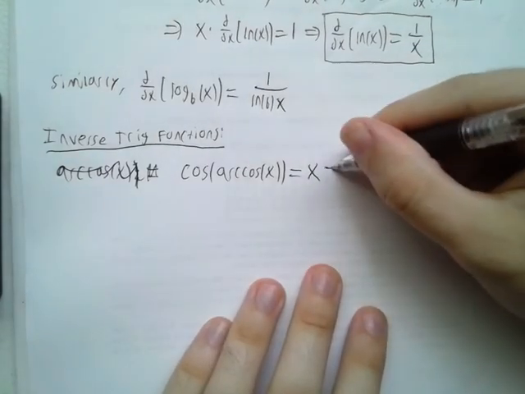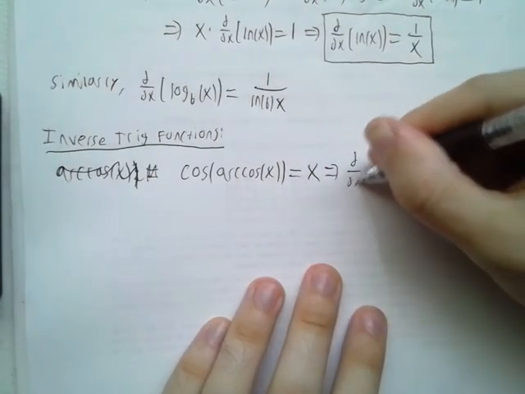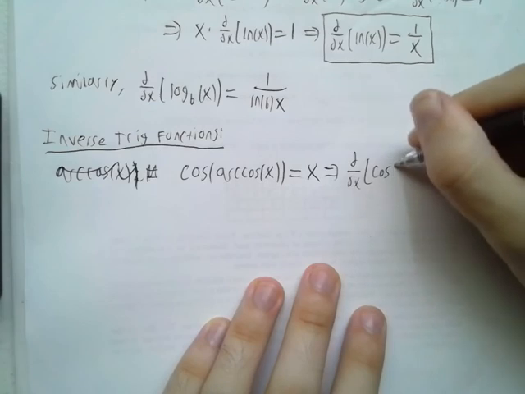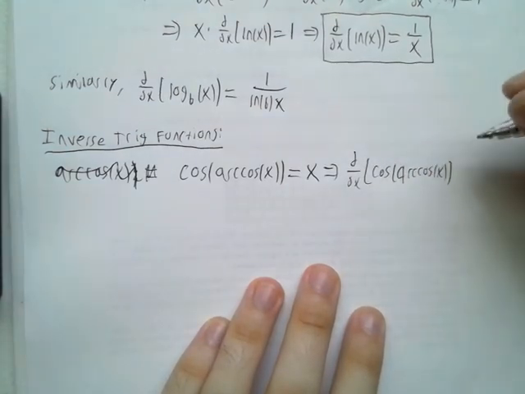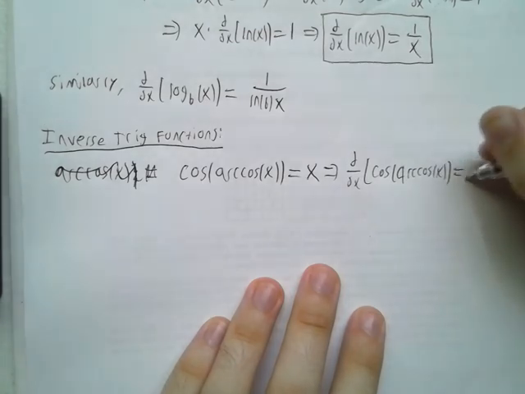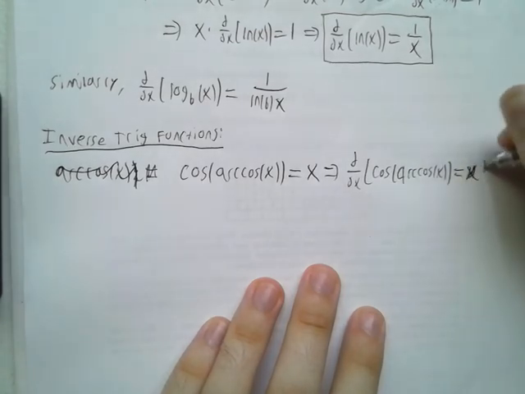Then we can take the derivative of both sides of that equation, just like we did before. So we have the derivative of cosine of arc cosine of x is equal to the derivative of x. So we know that the derivative of x is equal to 1.